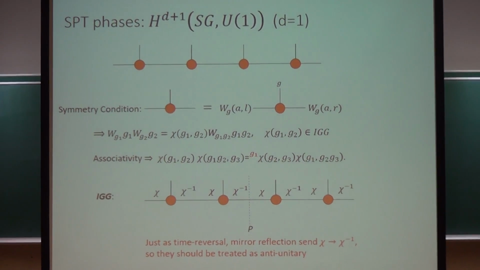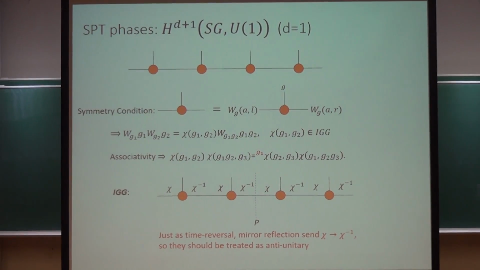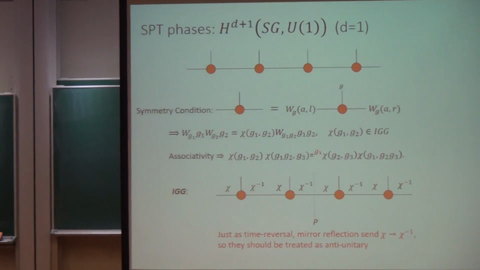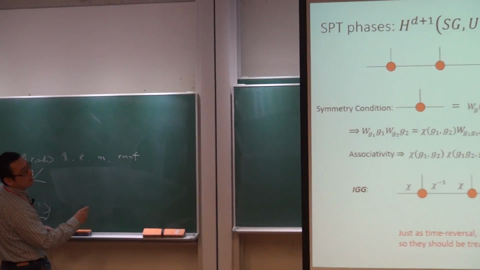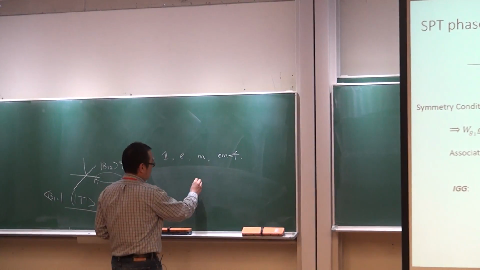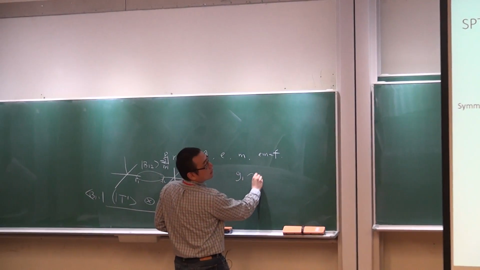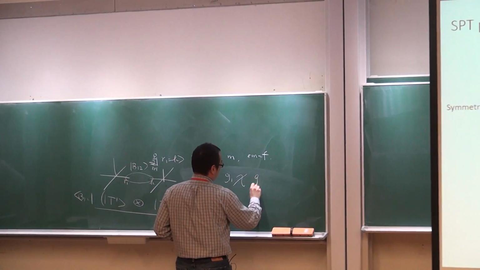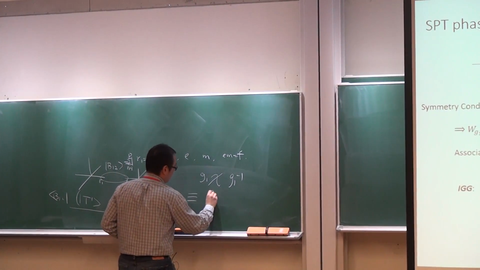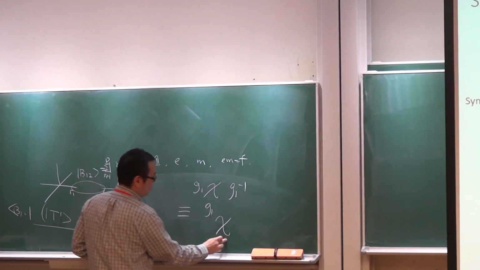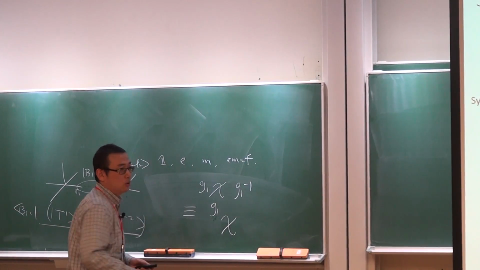More precisely, this group action is like G1 chi G1 inverse. So this is defined to be the group action. This is just a notation. Okay.